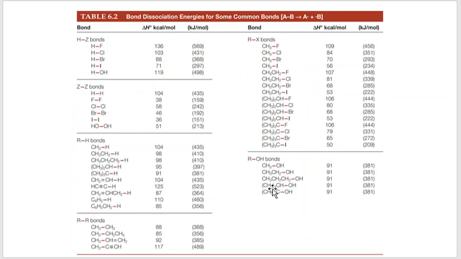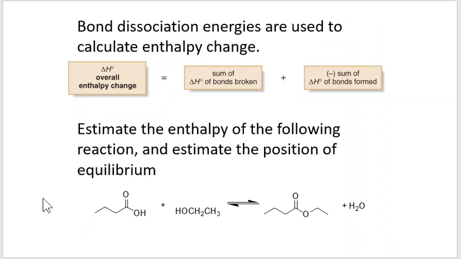Since we don't really have a lot of details about the difference between a carbonyl bonded to an oxygen and an sp3 hybridized carbon bonded to an oxygen, we have to assume that those bond energies are about the same. And so those would be about 91. And so 91 plus 91 minus 91 is equal to 0. So the change in enthalpy and the change in Gibbs free energy is about 0.